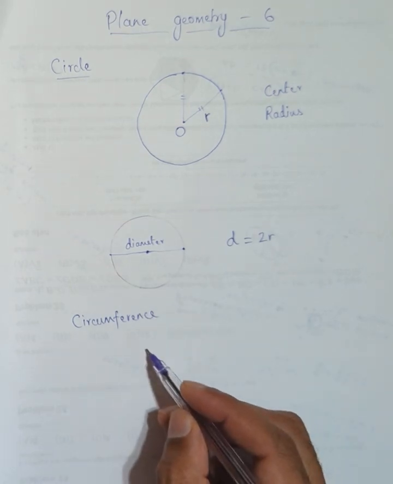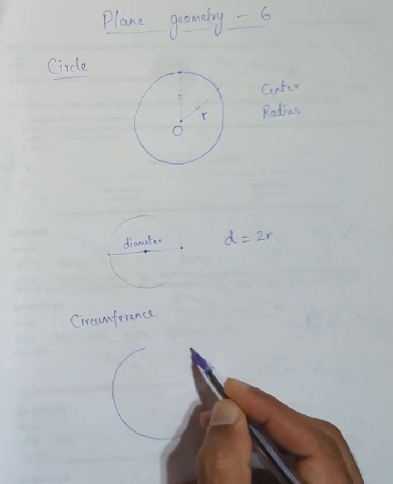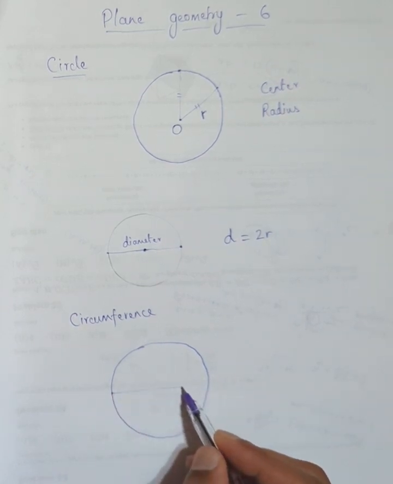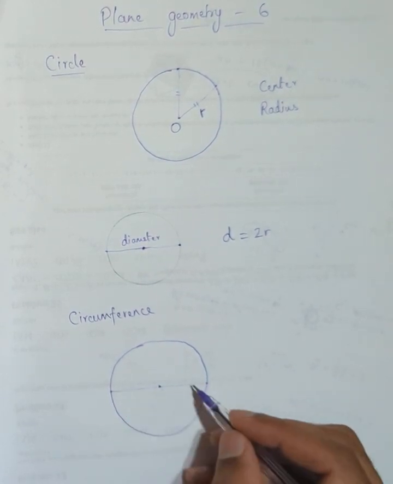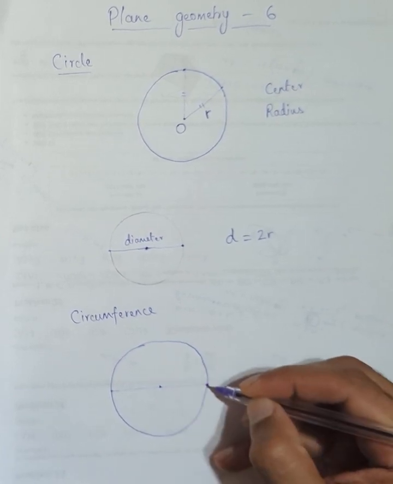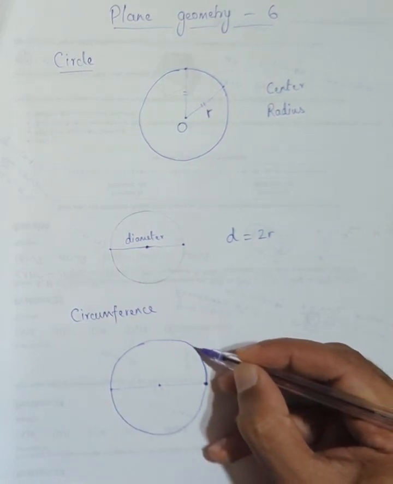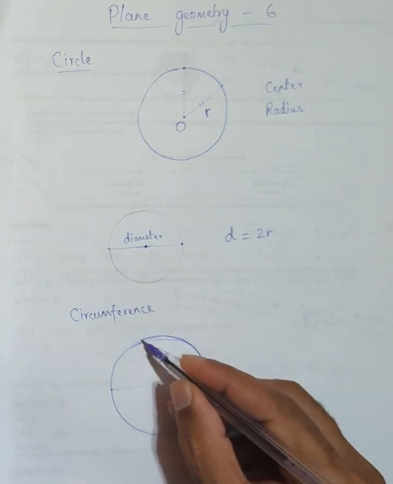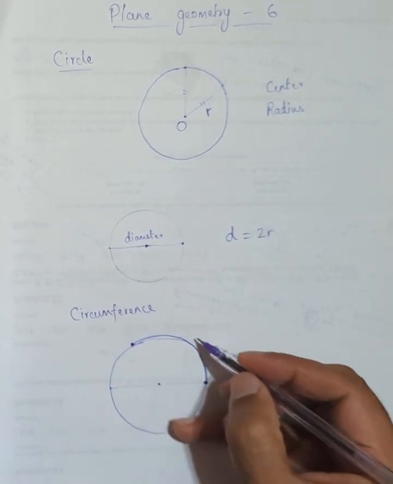For that, what we want to know is that if you have a circle, and if this is the radius, if this is the diameter, and if you try to wrap this diameter around the circle, so imagine this to be flexible, and the diameter is getting wrapped around the circle, and you can see that it's not going to go all the way, but this might be the diameter.